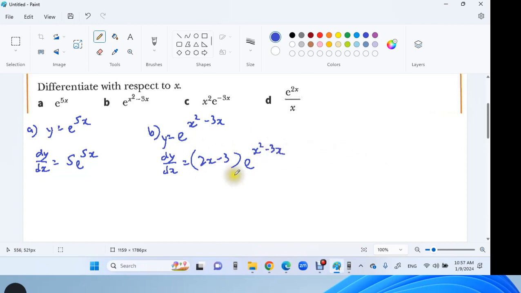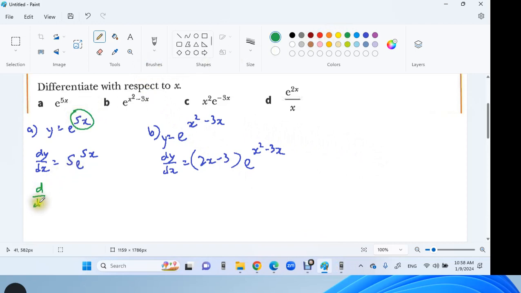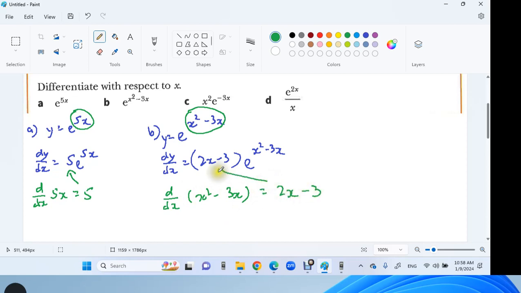So the 5x is here, then d/dx for 5x is actually 5. And d/dx for x squared minus 3x is actually 2x minus 3.